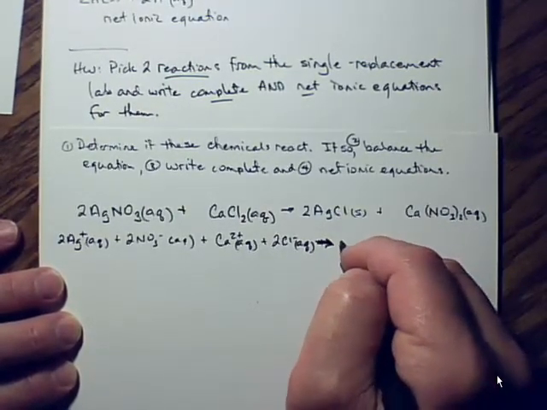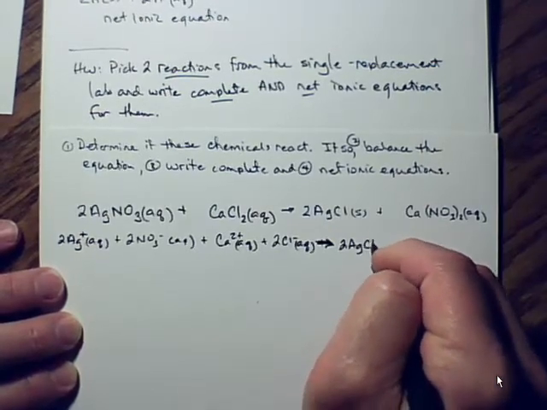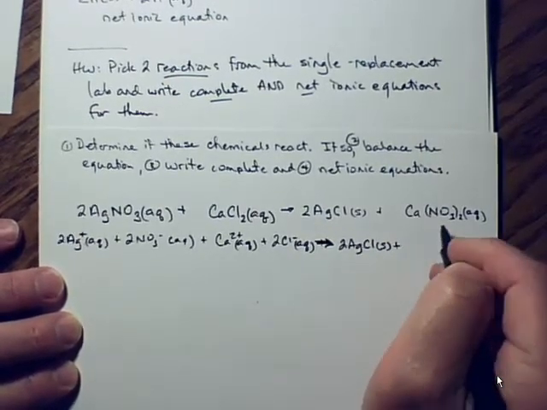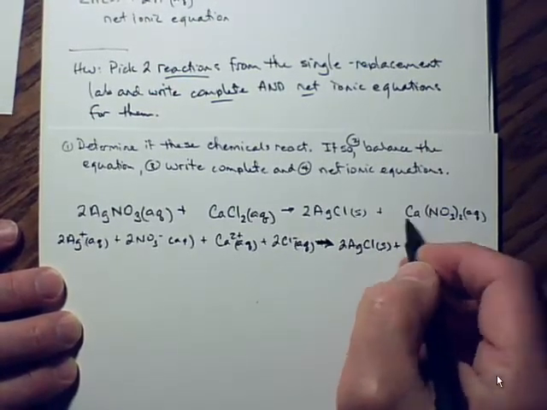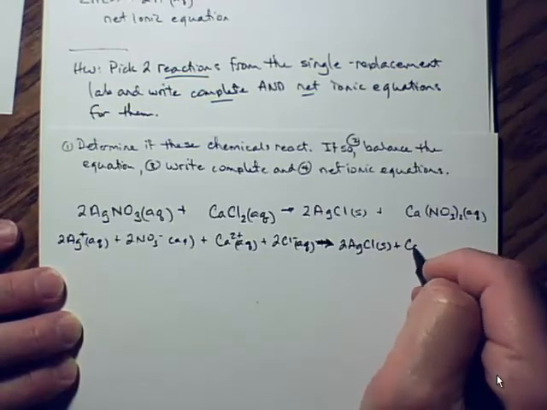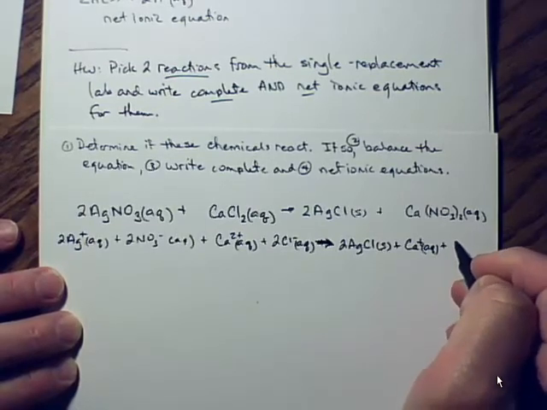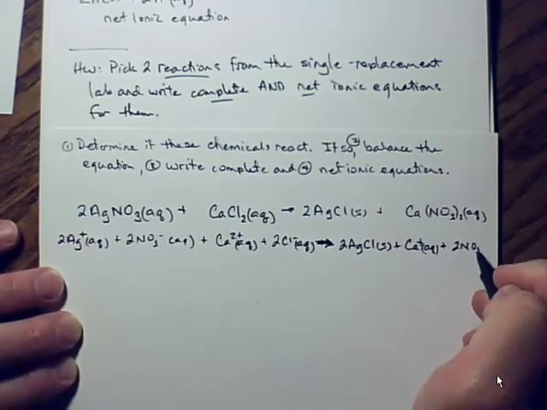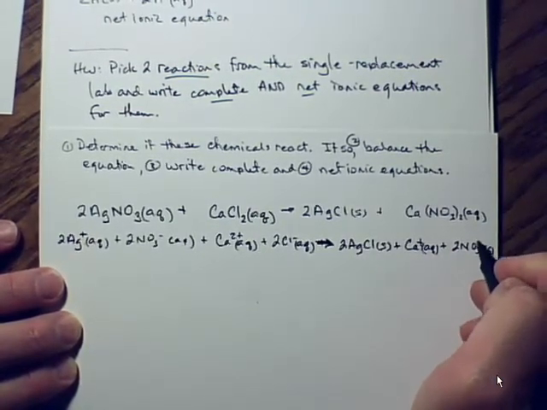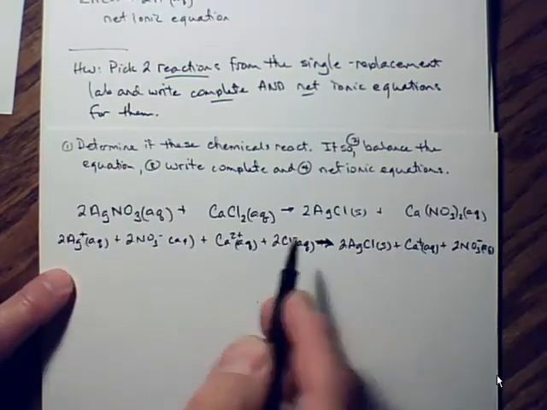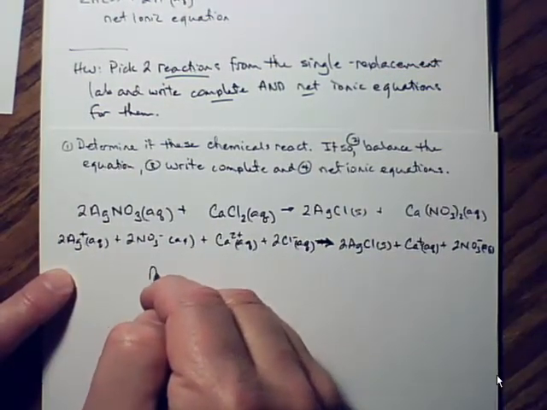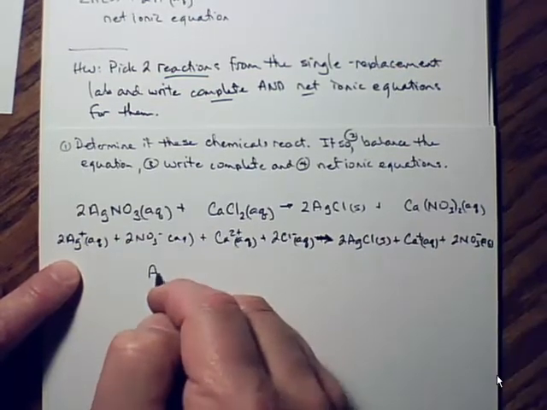We leave it just the way it is. We've got a calcium ion because this is an ionic compound. It's aqueous. And 2 nitrates. They're aqueous. Alright? So the silver changes. We're going to keep the silver in the net ionic equation. This is the complete ionic equation.